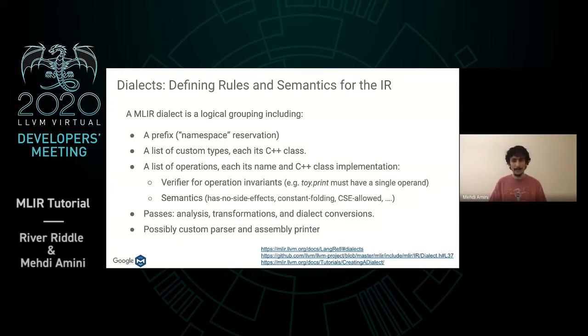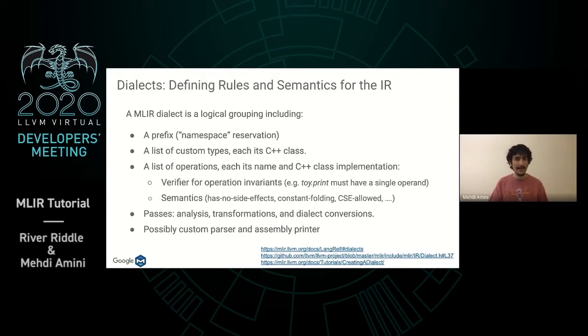The dialect is loaded inside the MLIR context and extends MLIR by hooking into the framework. MLIR exposes various hooks that can be implemented by the dialects and the operations that you define in the dialect, for instance, invariant verification.